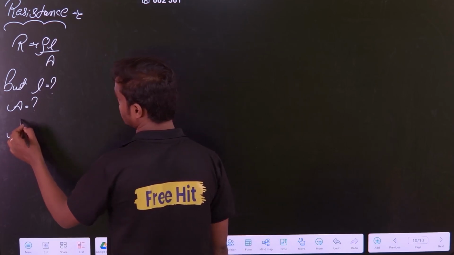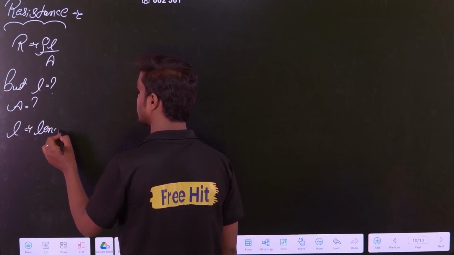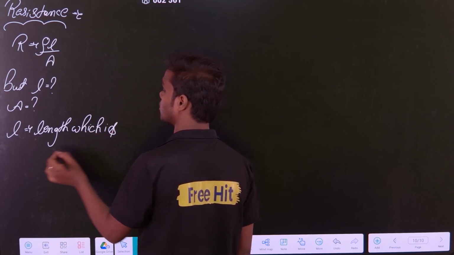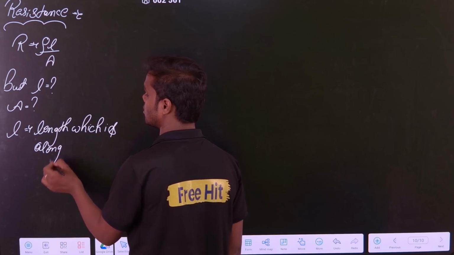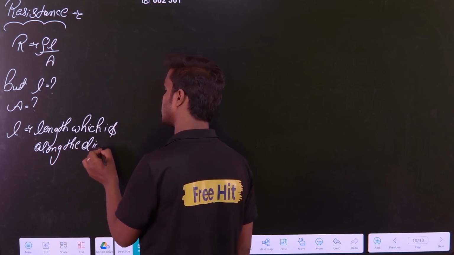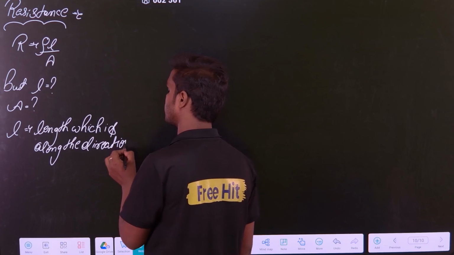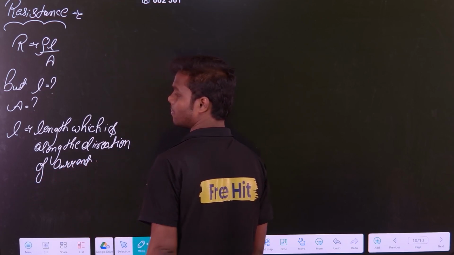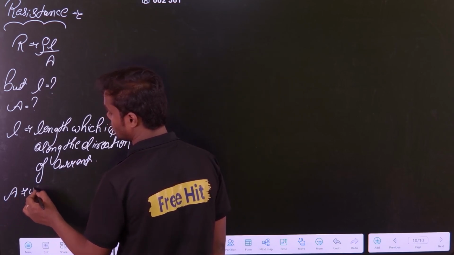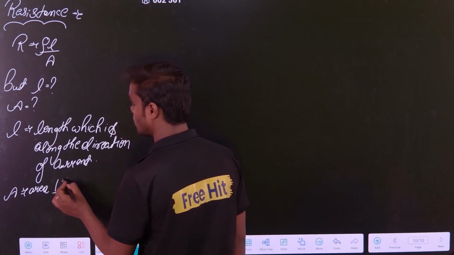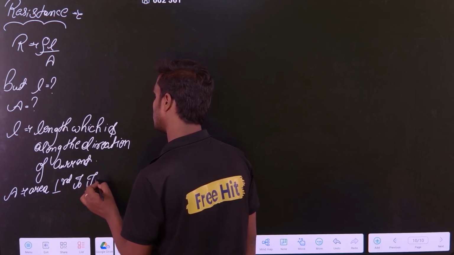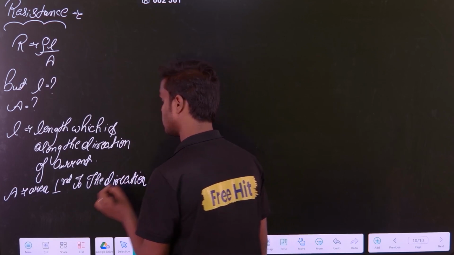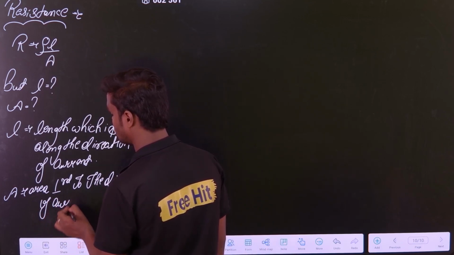So basically the length L is the length which is along the direction of current, and A is the area perpendicular to the direction of current.